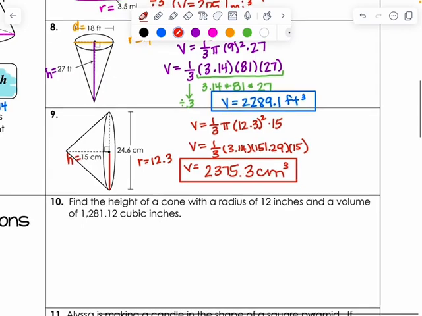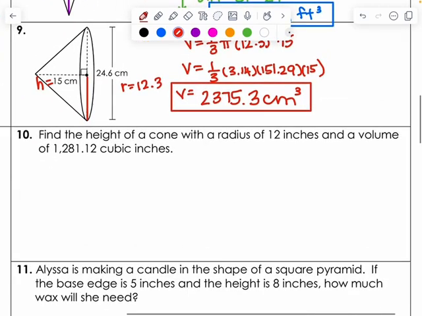Okay, now we're going to do number 10 together. Number 10 says, find the height of a cone, if we know that the radius is 12 and we know that the volume is 1,281.12 cubic inches.